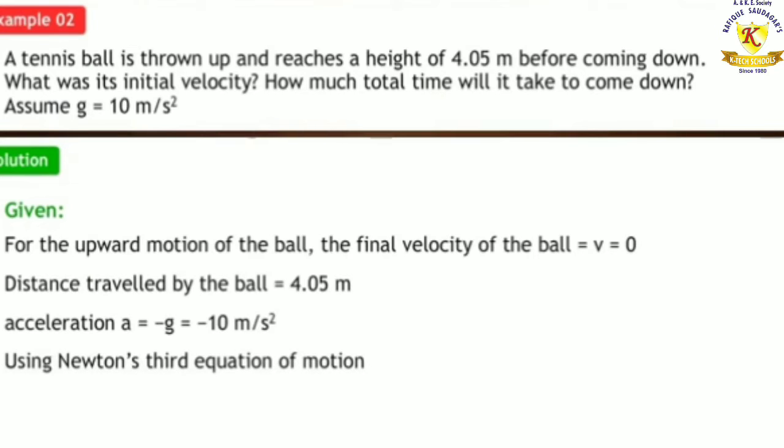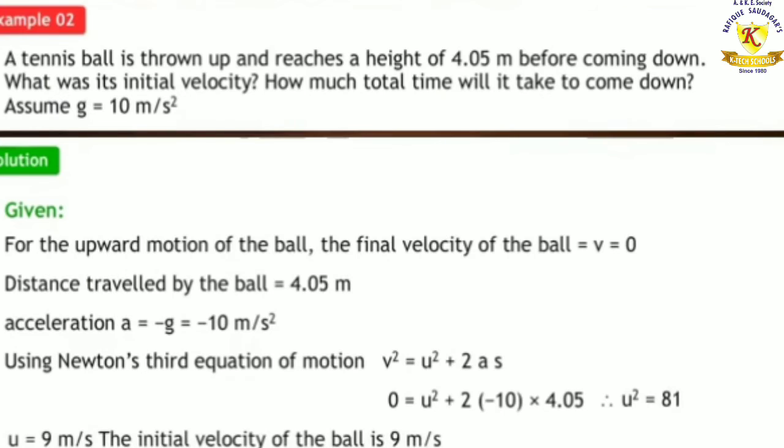Using Newton's third equation of motion, v square equals u square plus 2as. 0 equals u square plus 2 into minus 10 into 4.05. Therefore, u square equals 81 and u will be equal to 9 meter per second. The initial velocity of the ball is 9 meter per second.